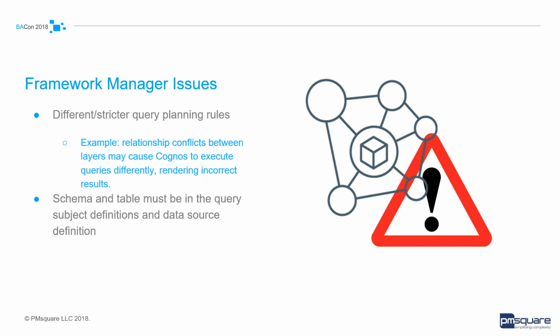If you have relationships through multiple layers, those before Cognos would just sort through and allow that to go through, and it may cause a conflict that would actually throw an error during validation of the model. So that may be something that they need to do. Obviously, best practice would say keep all of those in the database layer. So if you know of any conflicts like that in the environment, that could cause an issue.